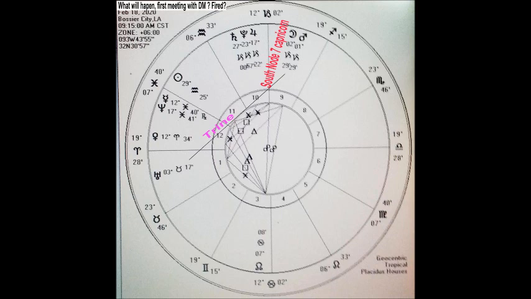Notice that the Moon is separating from Mars. The Moon is in an early degree, but applying to trine Uranus in the first house. She can stand her ground, but Uranus is detrimented in Taurus and in the dark side of the first house by being in Taurus instead of Aries.